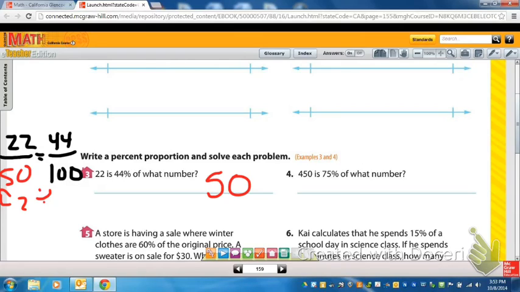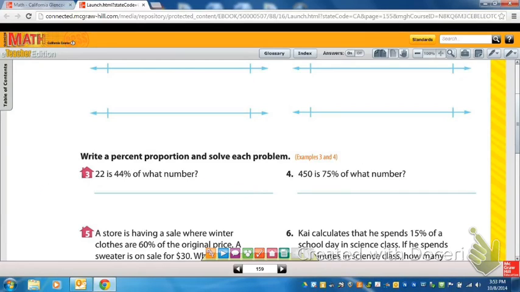For that problem, I could also do my division. Change 44% to 0.44. And 22 divided by 0.44. Move my decimal over 2 times.